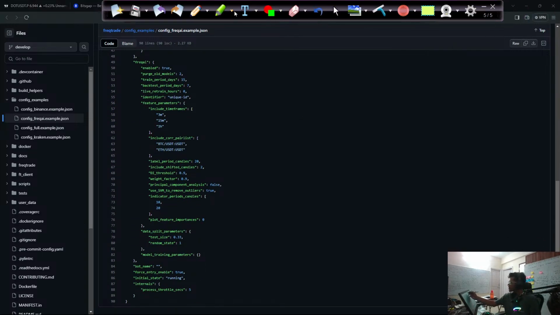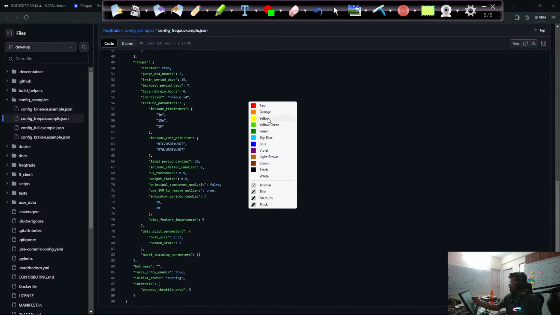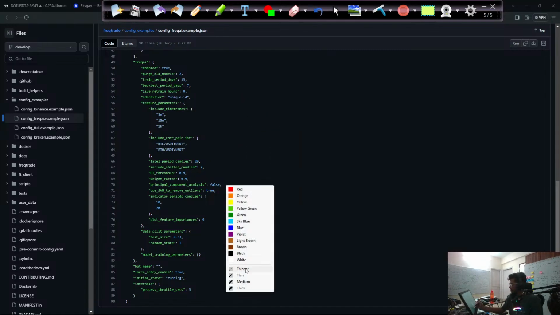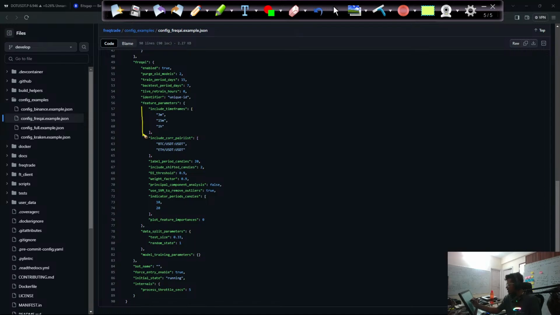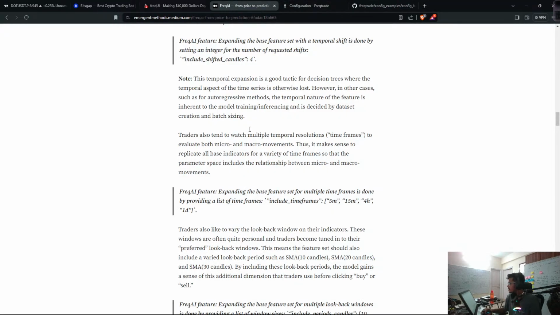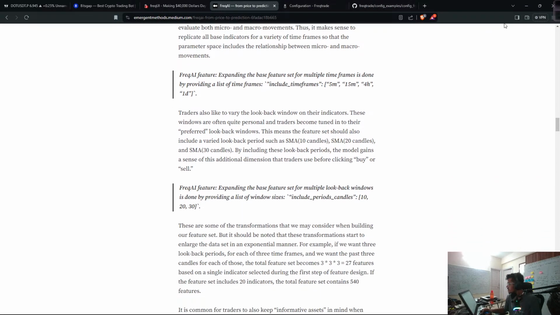So this include time frames is going to include 3 minutes, 15 minutes, 1 hour time frame data, and here include correlated pair list is Bitcoin and Ethereum, and here include shifted candles is 2. So that's what we learned so far. Okay, now let's continue.